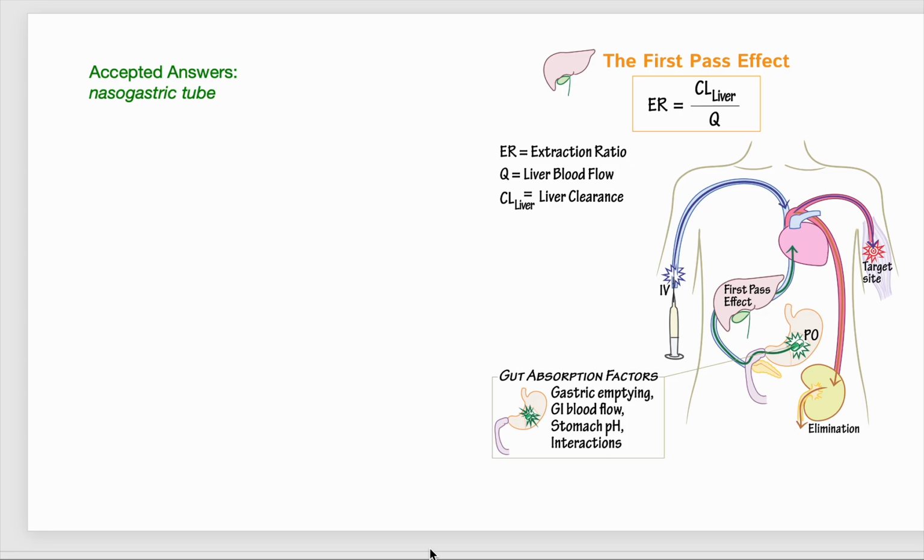But once the drug gets into the stomach and then your liver, the first pass effect takes place in the liver. And if the route of administration is one where the drug has to reach the liver, it undergoes first pass effect before reaching its target site.